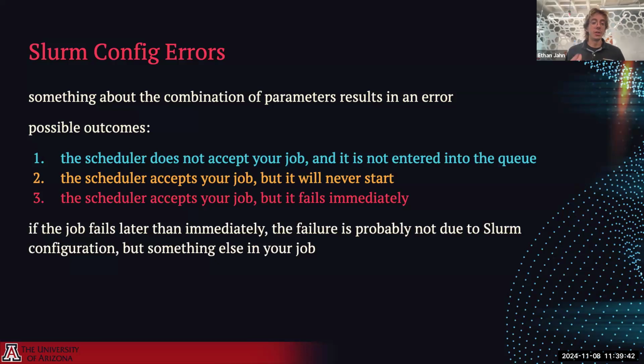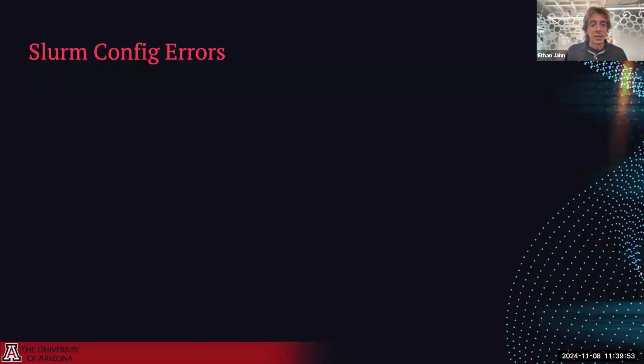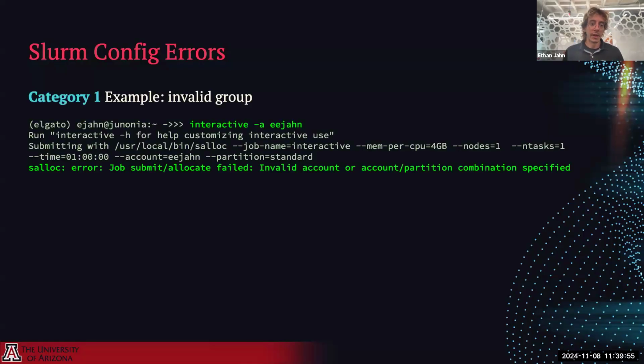Typically, if the job does start and runs for some period of time and then crashes later, the problem is probably not due to Slurm configuration, but something else. So let's go through each of these cases. Category 1 example here would be: I'm trying to start an interactive session on El Gato and I misspelled my group name.